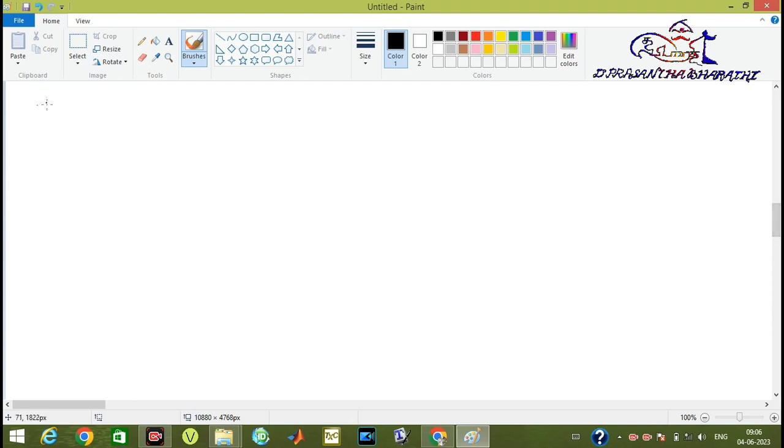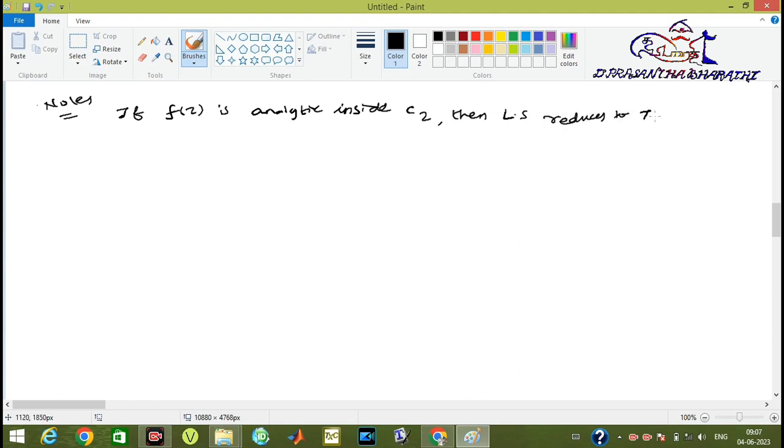Now there are some notes we have to keep in mind. The first note: if f of z is analytic inside the concentric second circle C2, then the Laurent series reduces to the Taylor series of f of z with center a.